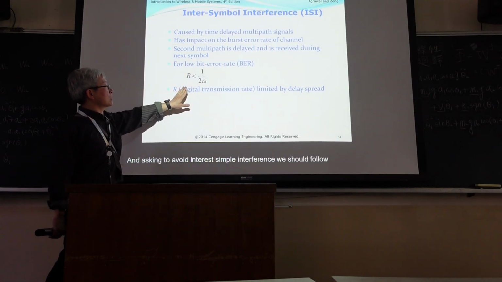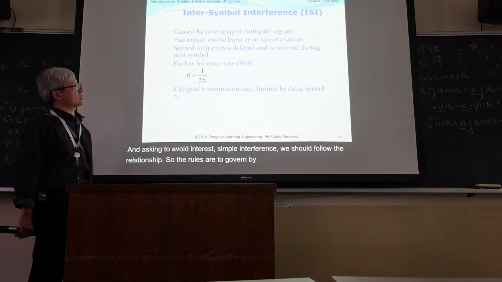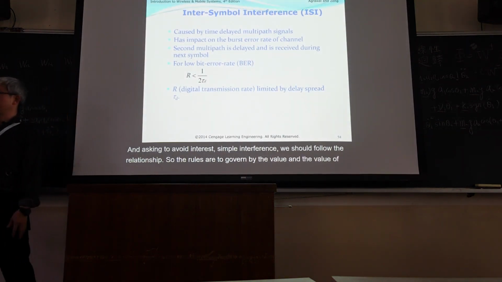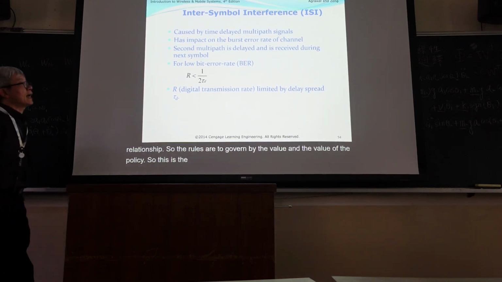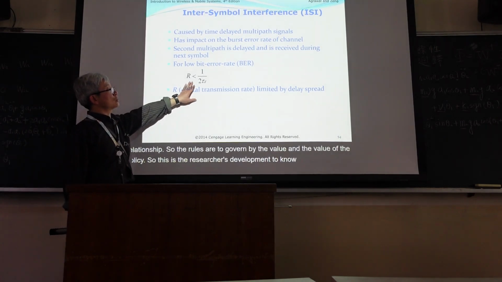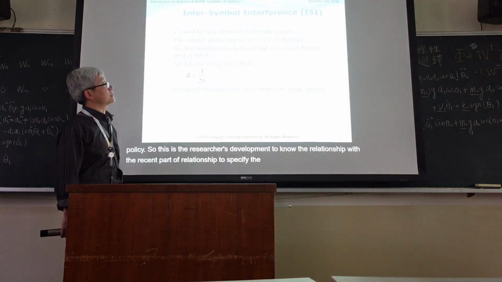So the rate is actually governed by a value, and the value is tau d. This is a researcher's development to know the relationship, and you can follow the relationship to specify the possible tau d delay spread.